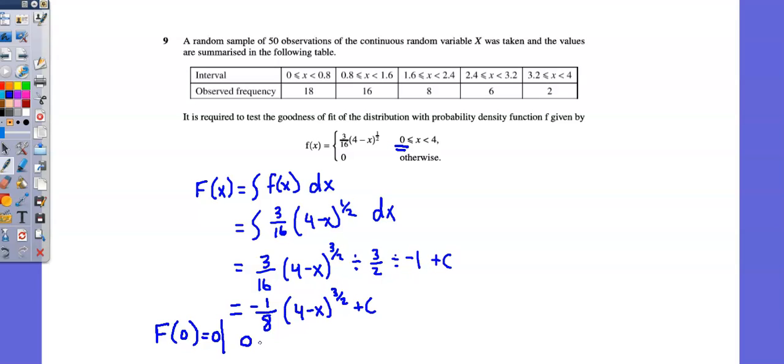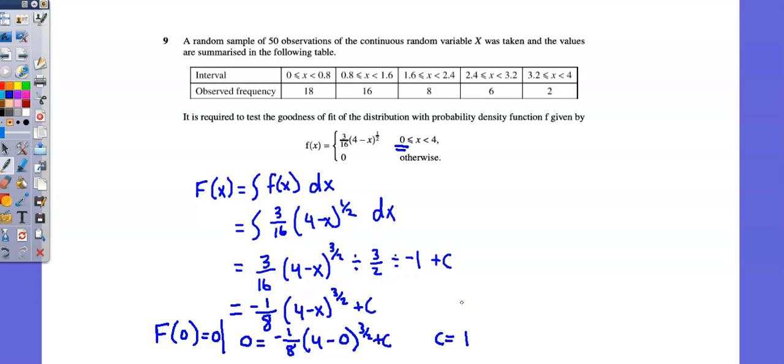My output will be 0 when my input is 0: -1 over 8 times 4 minus 0 to the power of 3 over 2 plus c. So the left side is 0, the right side has c as an unknown parameter, and solving for c, I get the value 1.